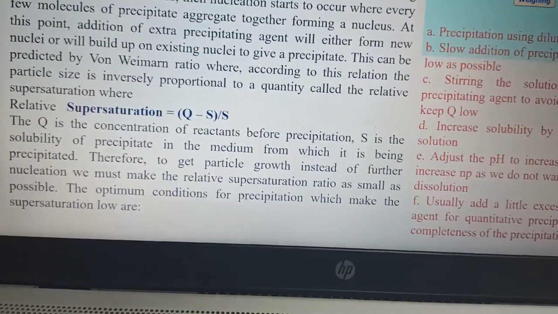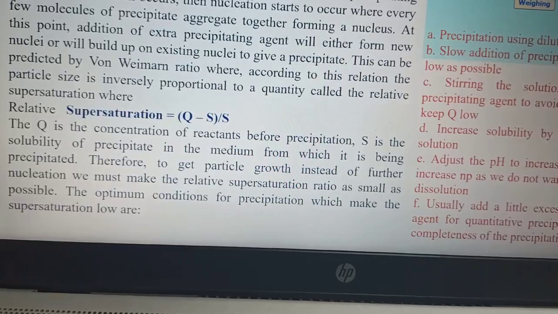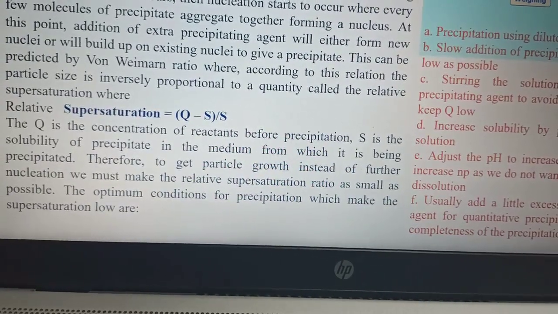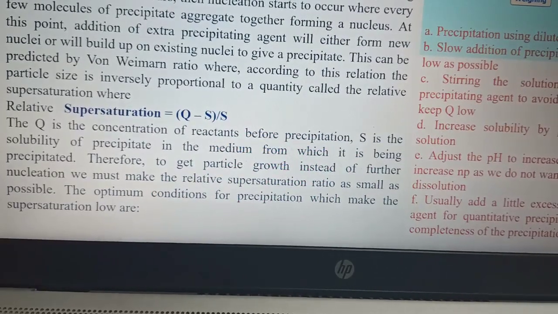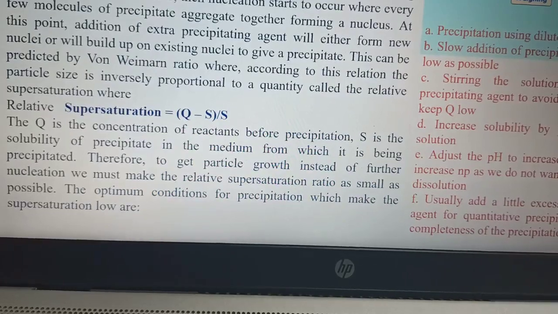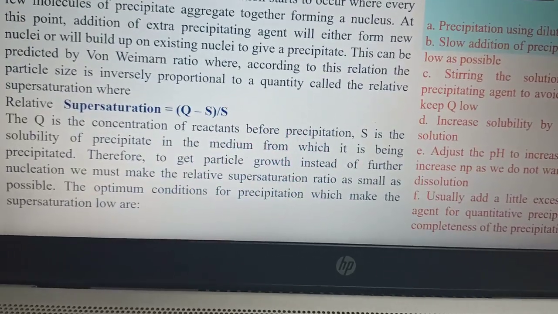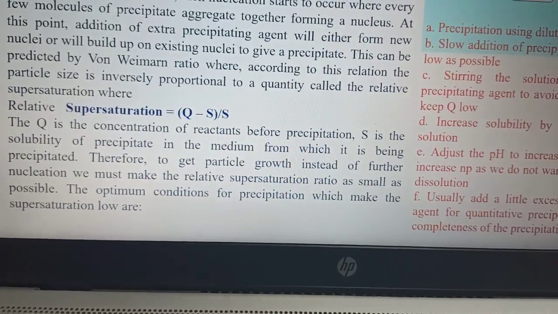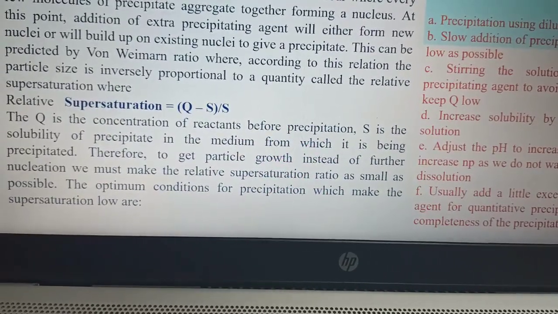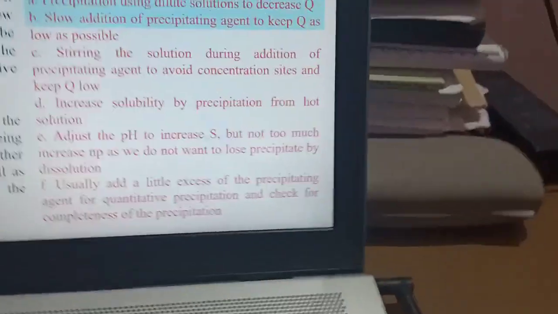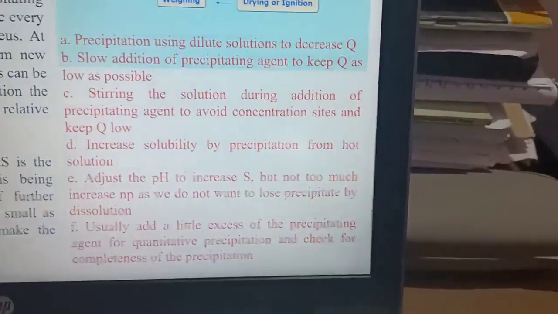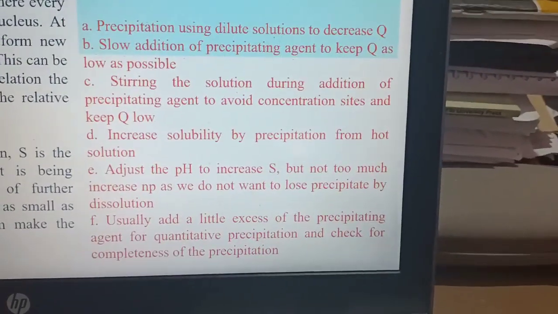Therefore, to get particle growth instead of further nucleation, we must take a relative supersaturation ratio as well as the optimum condition for precipitation, which makes the supersaturation low. So the Q minus S by S, this factor depends upon the following factors.